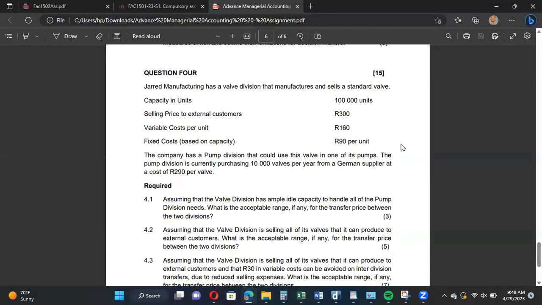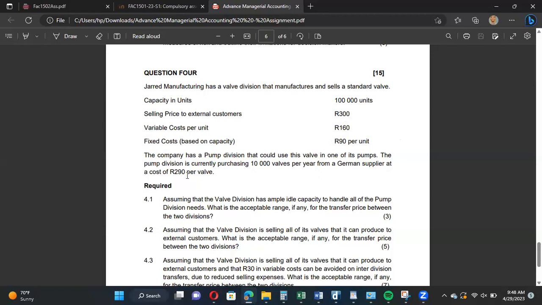So the fixed costs are an irrelevant cost when it comes to making a decision. They are unaffected by the decision that we are going to make. So they are irrelevant here, right? Which means the acceptable range, therefore, goes from 160 right through up until 300.